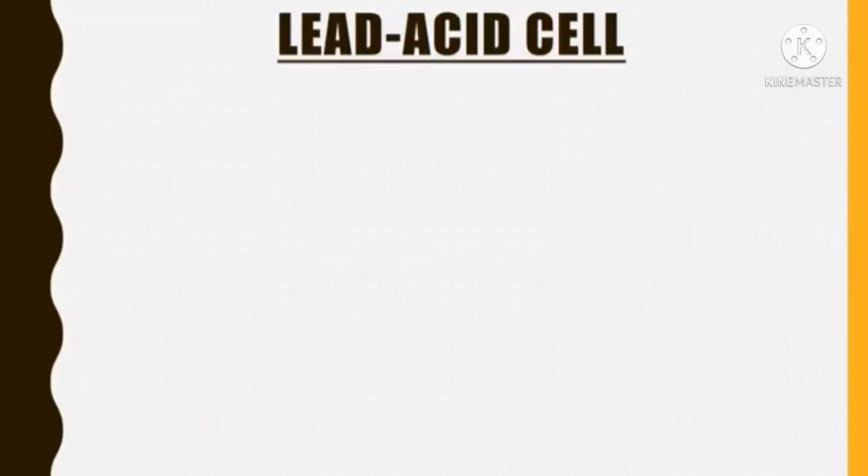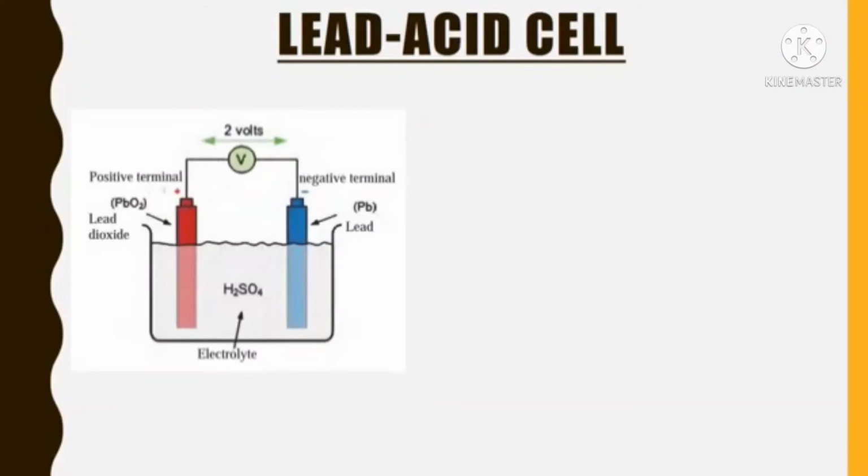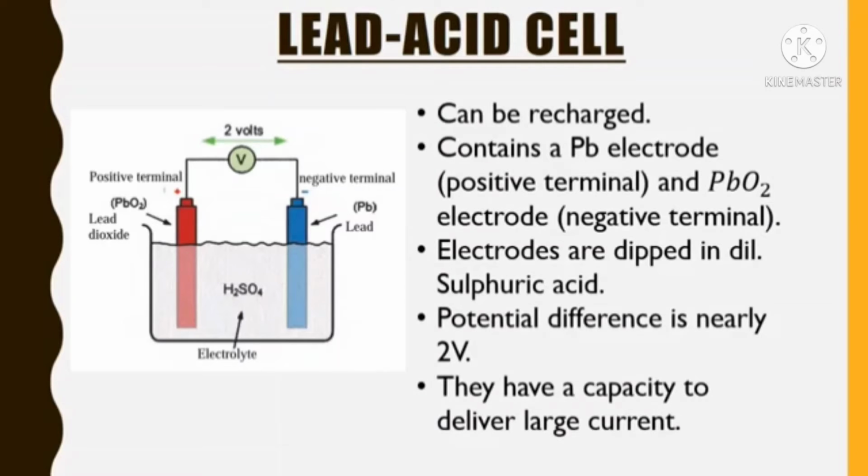Now we are going to learn about the lead acid cell. The diagram is given in your textbook as we can see on your screen. There are two electrodes. First, we are going to learn about the characteristics of the lead acid cell. The lead acid cell can be recharged.